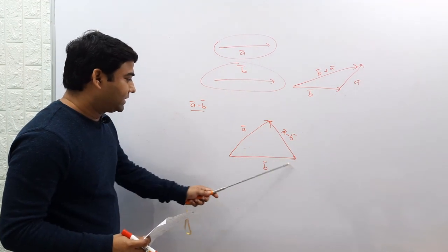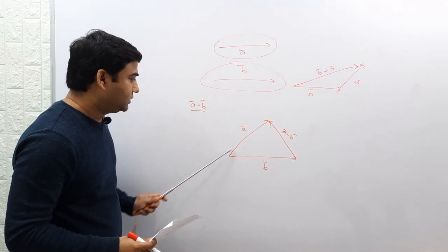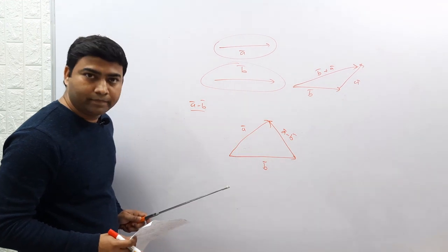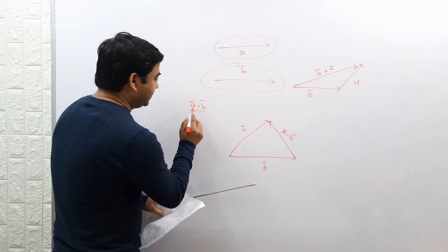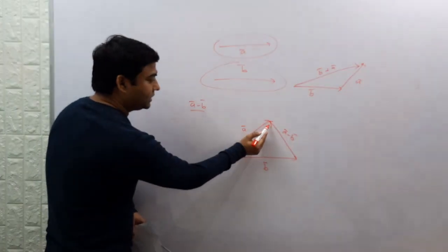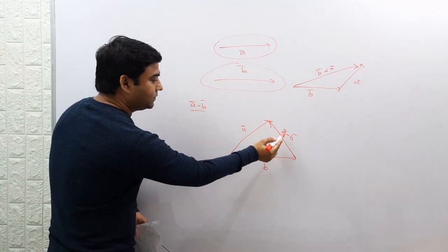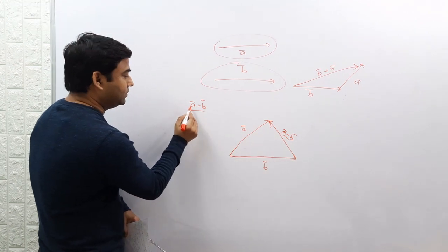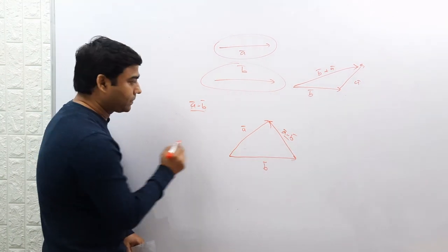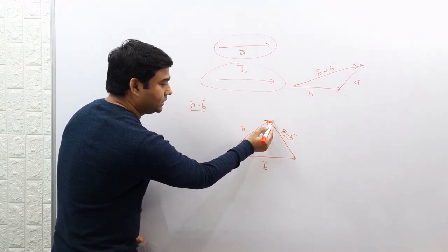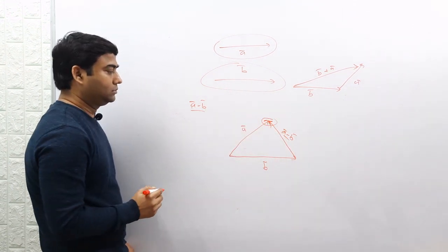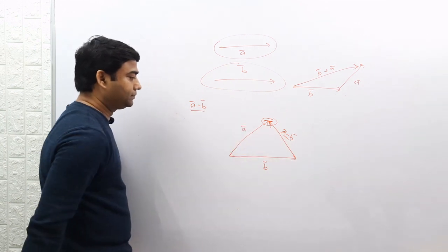Join the tails of the vectors being subtracted. This is vector A, this is vector B. To find A minus B, the head of the resulting vector goes with A. The head of A and the head of the final vector will join. This is A minus B.